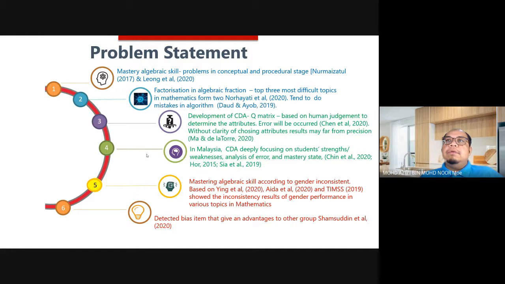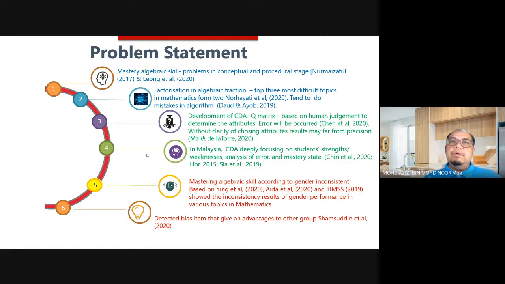Studies on mastering algebraic expressions also show inconsistent performance according to gender. This inconsistency results in gender differences in performance across various topics in mathematics. So we want to see whether, with KSSM implemented in the subject of algebra, which group performs better, the female or the male students.